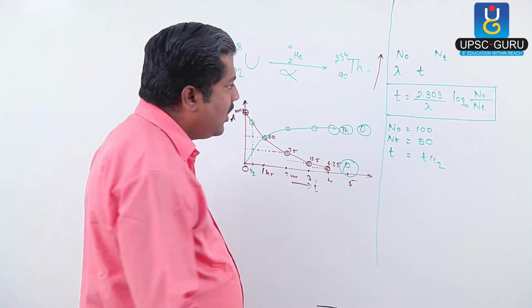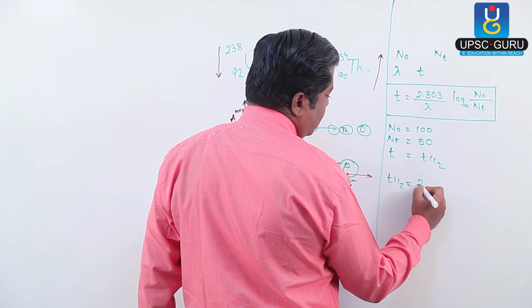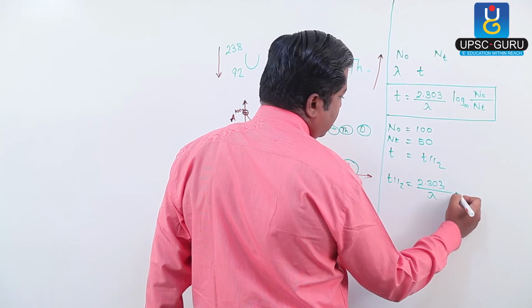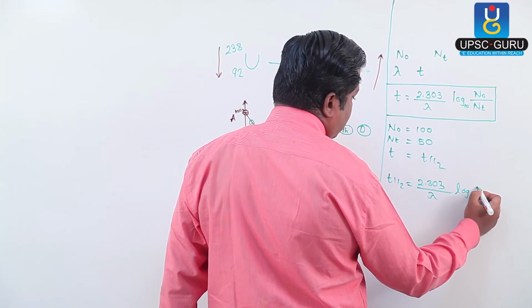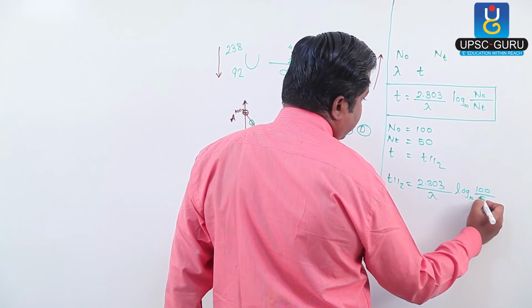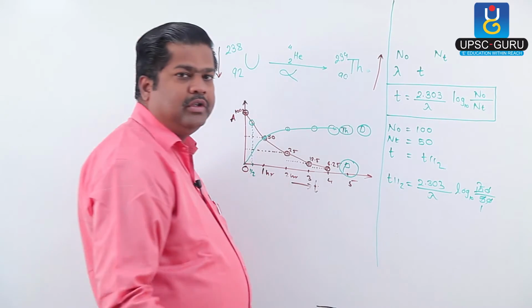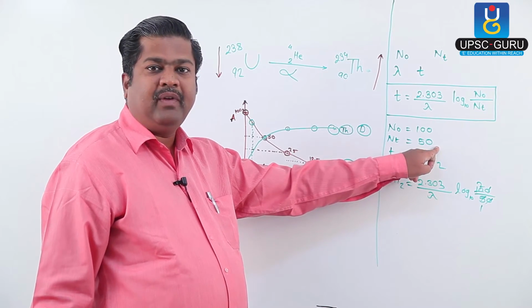So I am substituting all these values, so it will be T half equal to 2.303 upon lambda into log base 10 of N0, N0 is 100, upon NT is 50. So check for any value, you will get log of 2 only. So suppose I am saying N0 is 1000, NT will be 500.